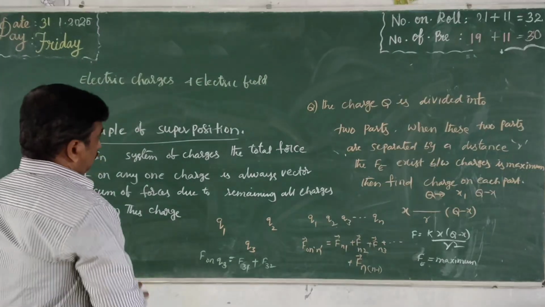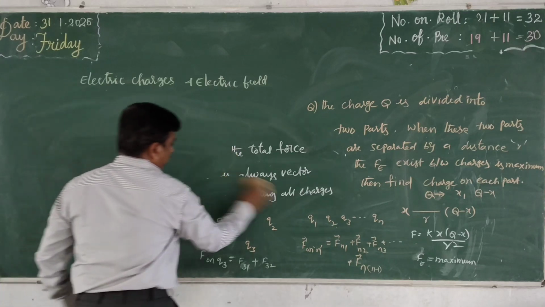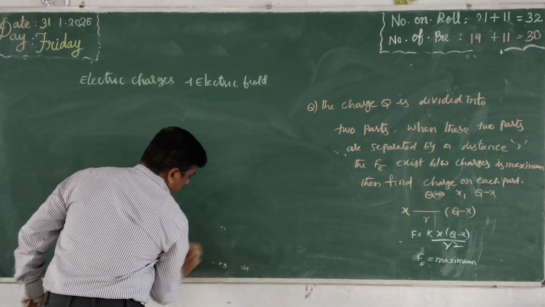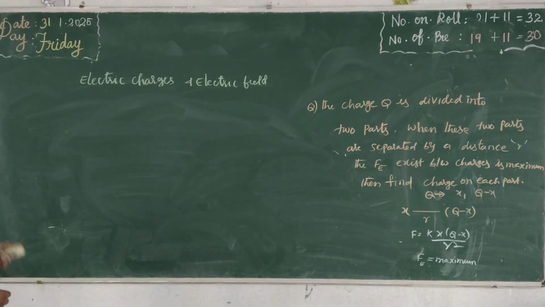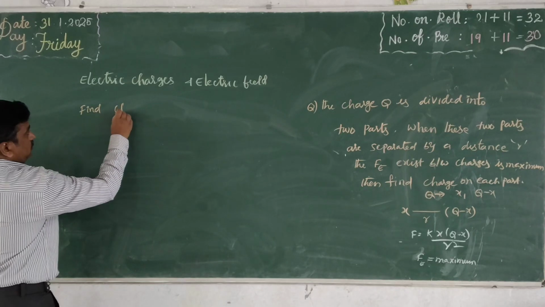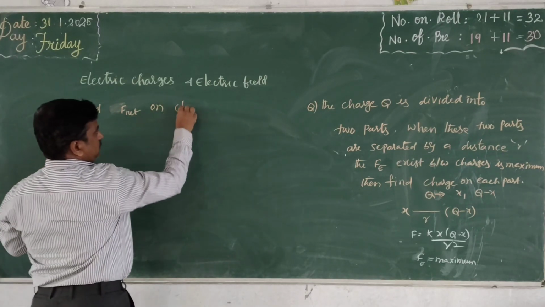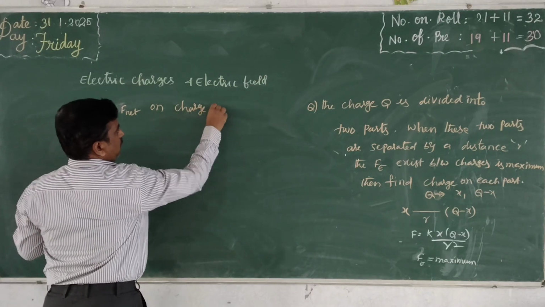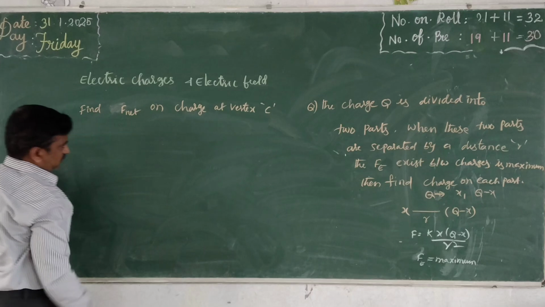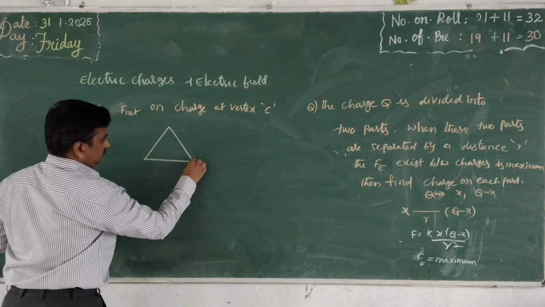See, on this we can do some problems, so we will know it automatically. For example, we can take three charges which are arranged at the vertices of a triangle. Find the net force on the charge at vertex C. See, this is the triangle, an equilateral triangle.